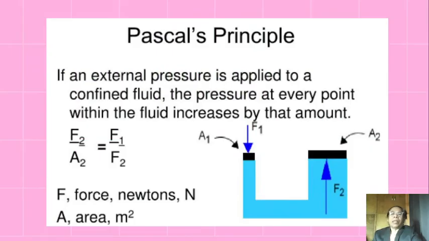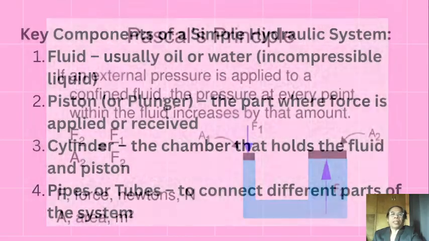So we have the relationship F2 over A2 is equal to F1 over A1, where F is force in newtons and A is area. Okay, so let me correct the formula: F2 over A2 is equal to F1 over A1.